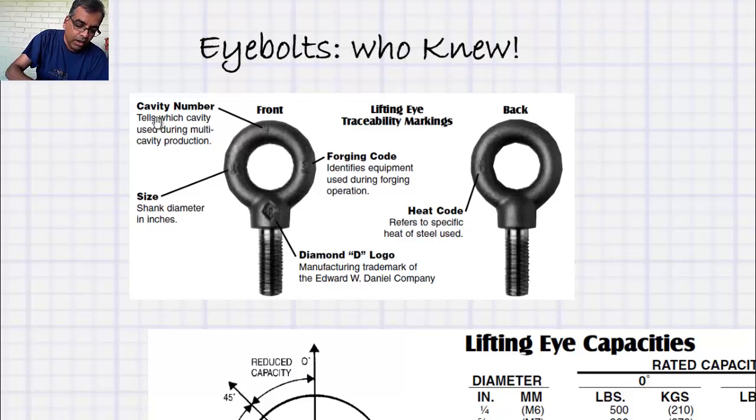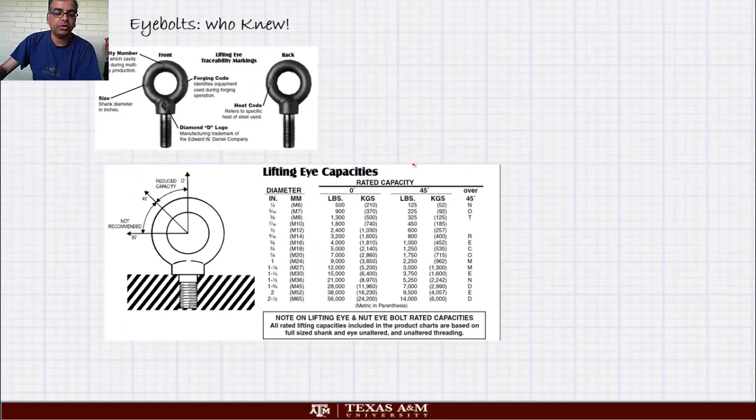It tells you how the eye bolt was cast, what the cavity number is, what the shank size is, what the forging code is, which tells you which piece of equipment was used, what the heat code is, there's some logo, all kinds of things. The first thing I want you to realize is that eye bolts are very critical for load carrying, and since they are in dangerous situations, people want to make sure that they can track any errors in an eye bolt. That's why they have all this information.